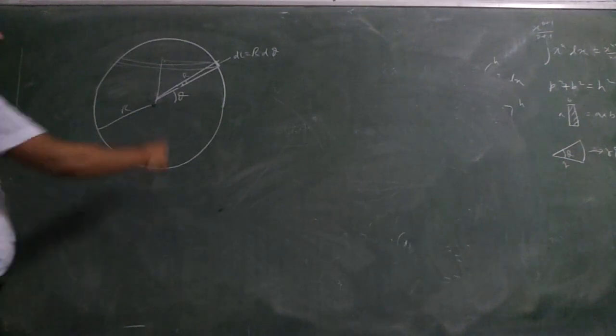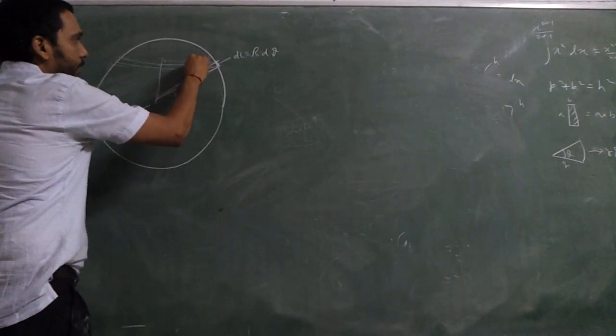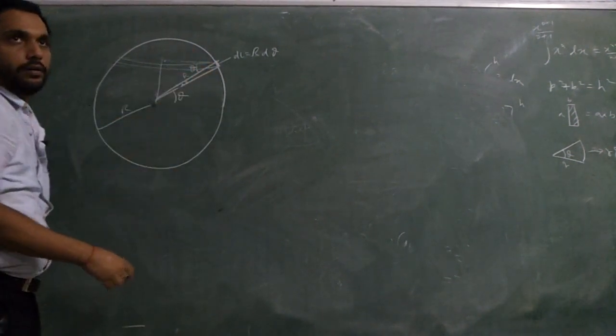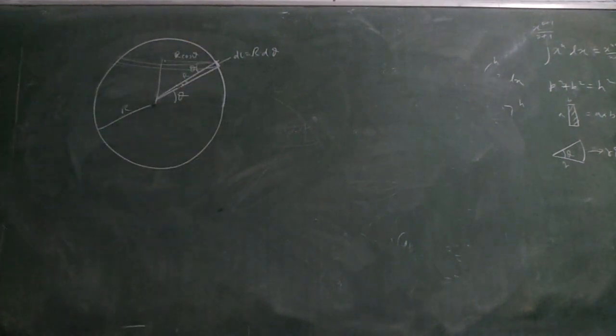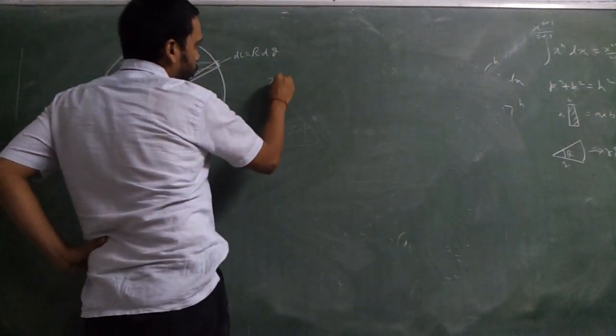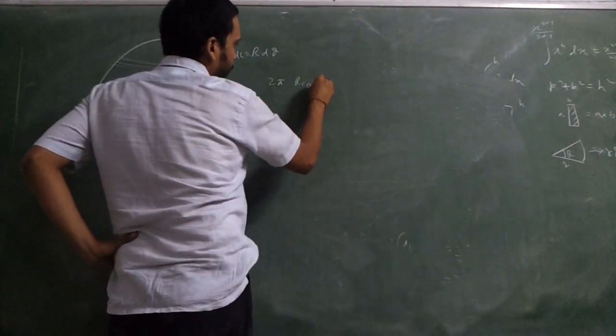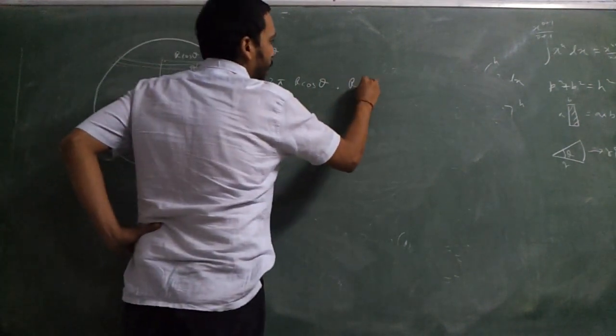This angle is theta. So the radius will be R cos theta, or not? Right? So your circumference is 2 pi R cos theta into slant length R d theta.